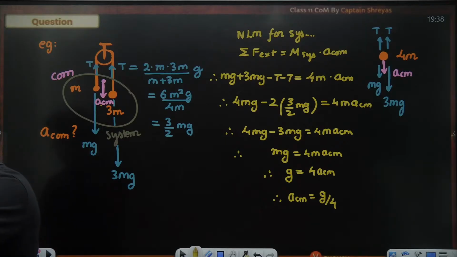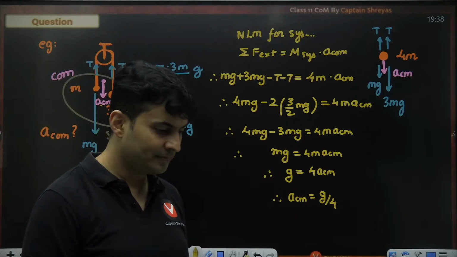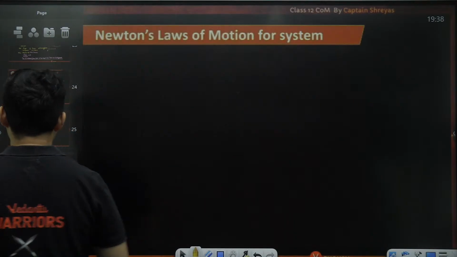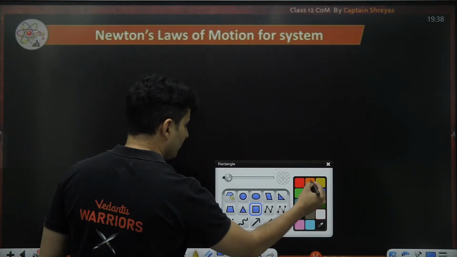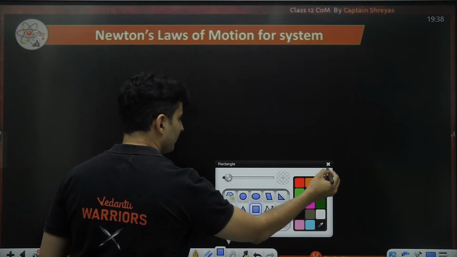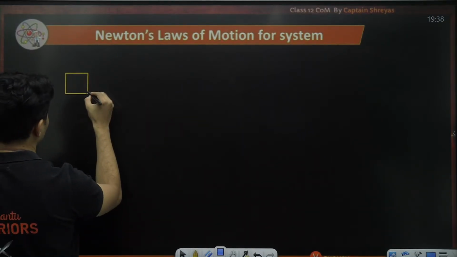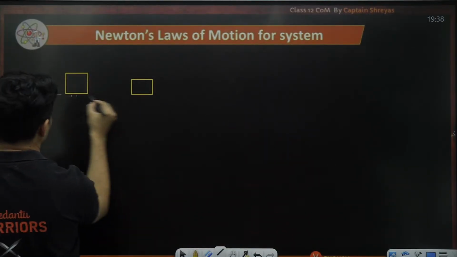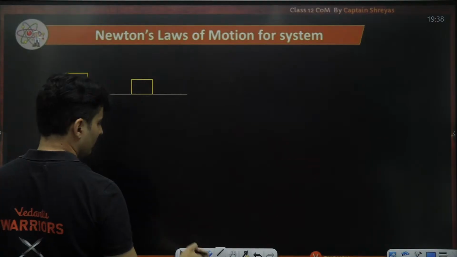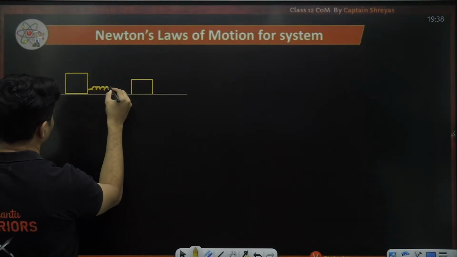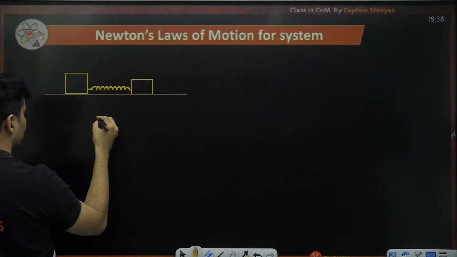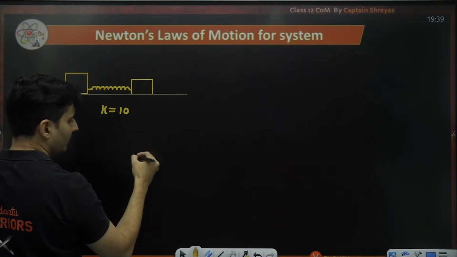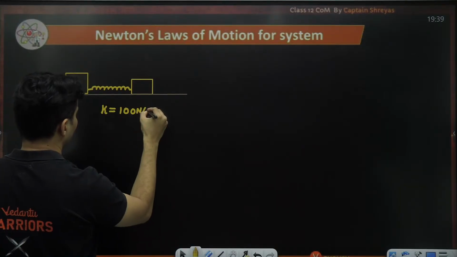Okay, how do you find the center of mass's acceleration? Interesting. Everybody with me? Say for example, I give you another question over here. Spring constant is 100 Newton per meter.